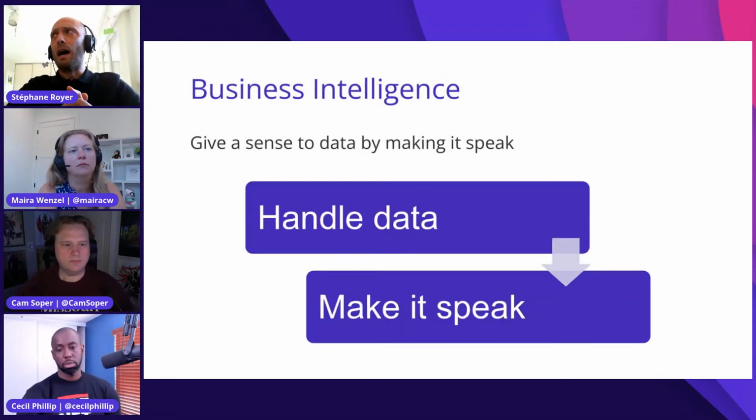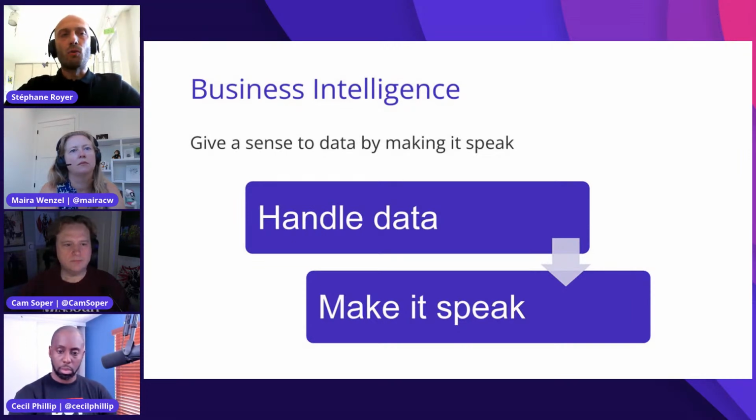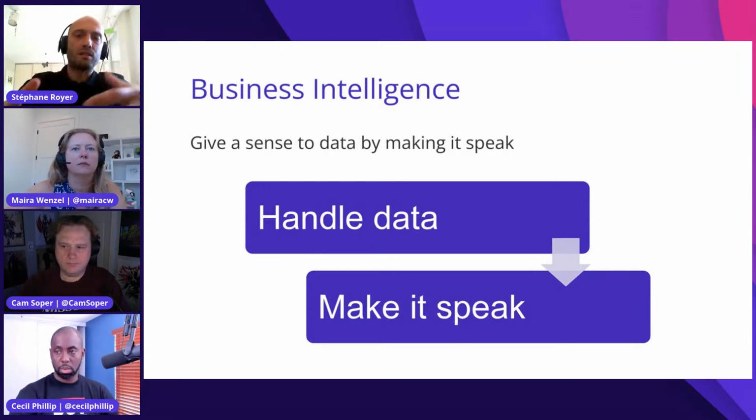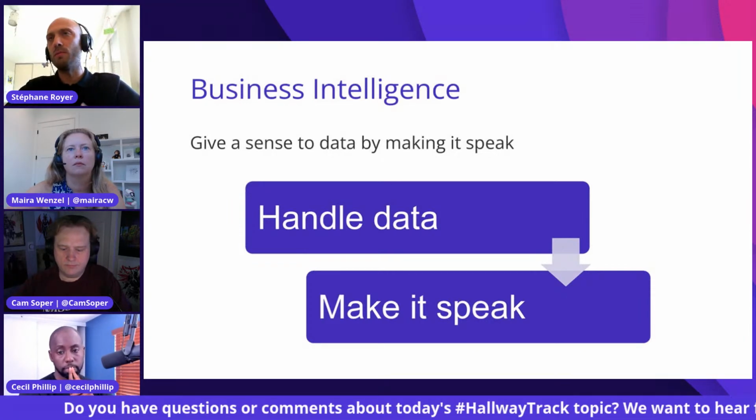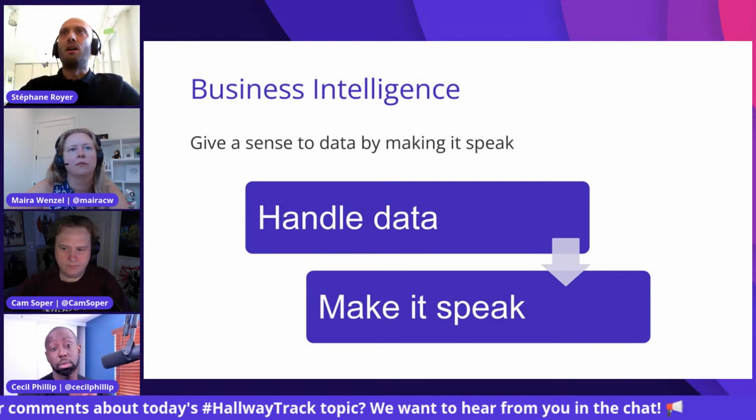As I mentioned before, I come from business. I did a bit of business intelligence for a year or two. For those who don't really know, the point of business intelligence is to get data and make reports. To put it simply, the point is to handle data to make it speak.